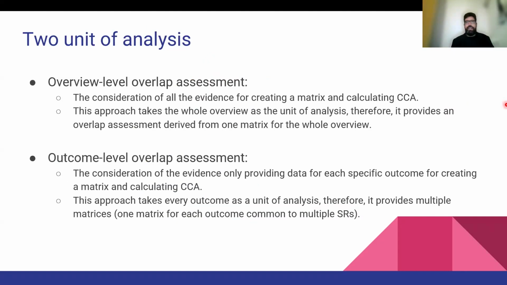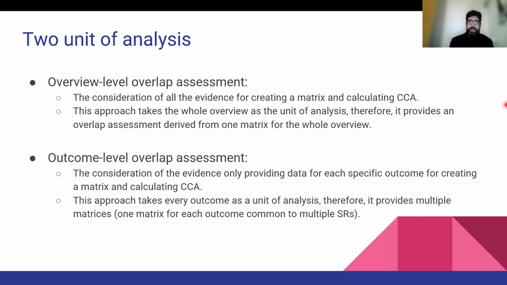And finally, the overlap can be analyzed at two levels. I can make an overview level overlap assessment, which is the consideration of all the evidence for creating a matrix and calculating CCA. So we take the overview as a whole as a unit of analysis, including all the outcomes in the overview.